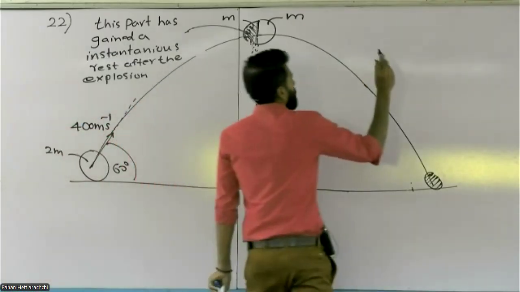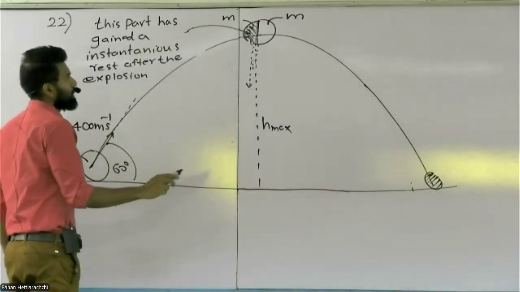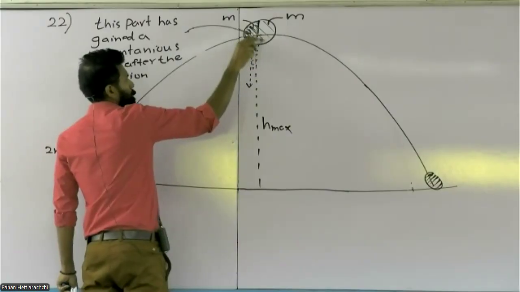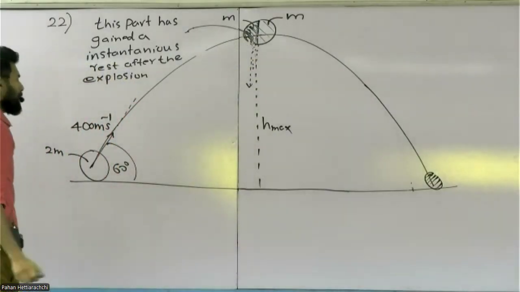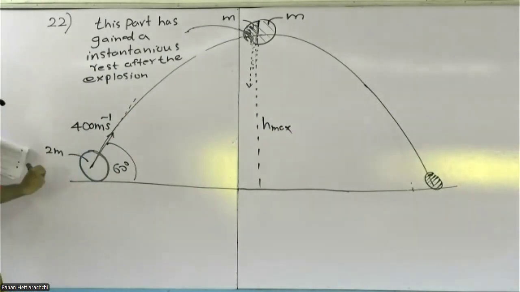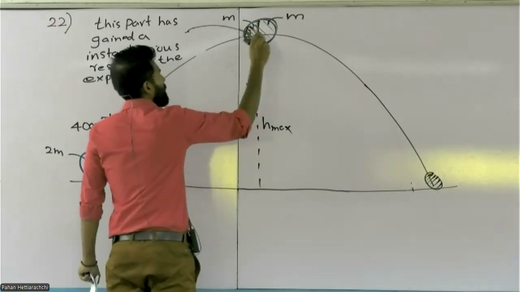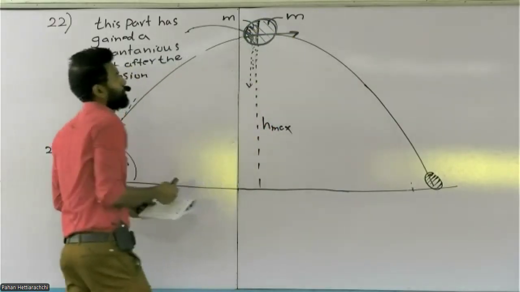Okay. Now, I'm going to apply linear momentum conservation for this explosion. Before that, I need to find the initial velocity of the object before it explodes at the highest position.